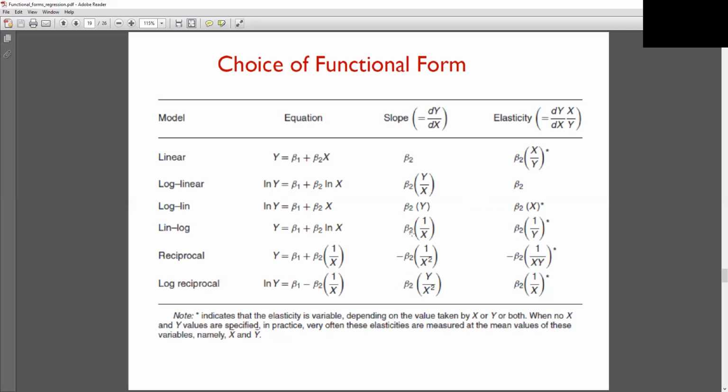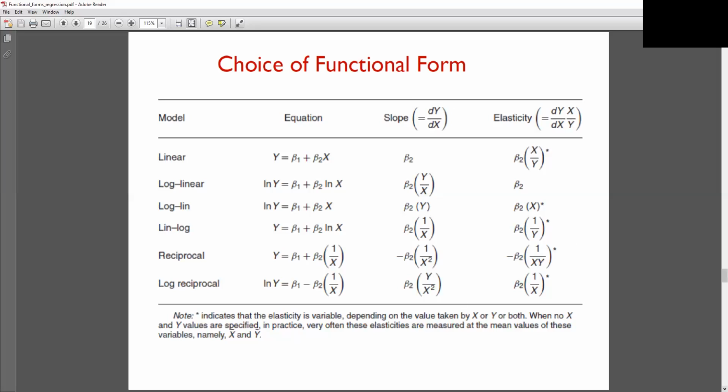But if you're applying the formula of beta 2, like if you have read in your course, you can also obtain beta 1, beta 2 manually. So when you are obtaining beta 2 manually, then to obtain the slope value you have to use beta 2 times 1 by x. But simply when you are running the regression function, you can easily obtain the slope value of the LIN-LOG model, okay, right?